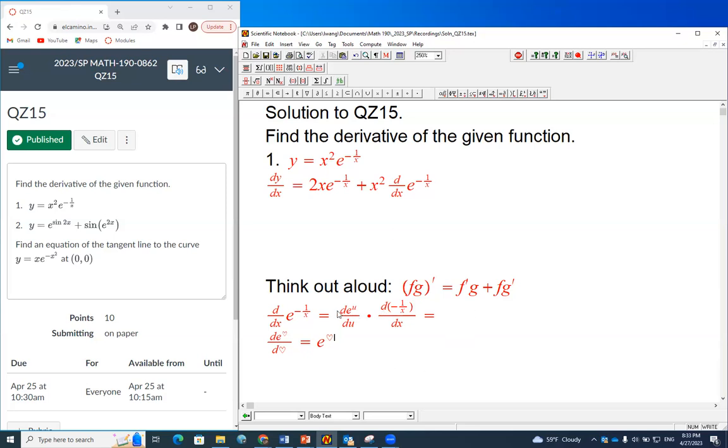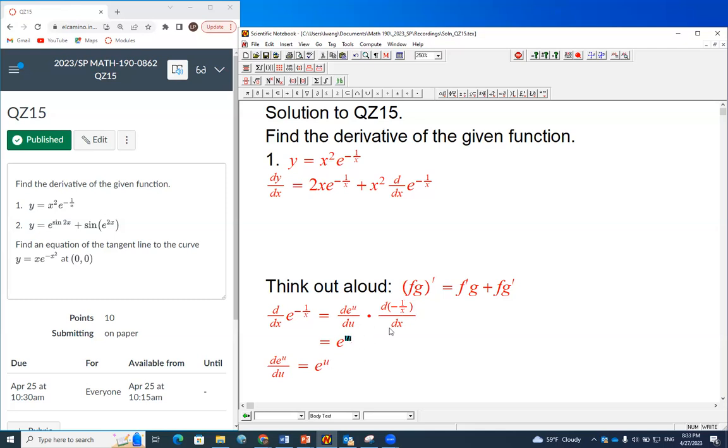So on this piece, the derivative of e to the power u with respect to u is going to be e to the power of u. And of course, u is negative 1 over x.